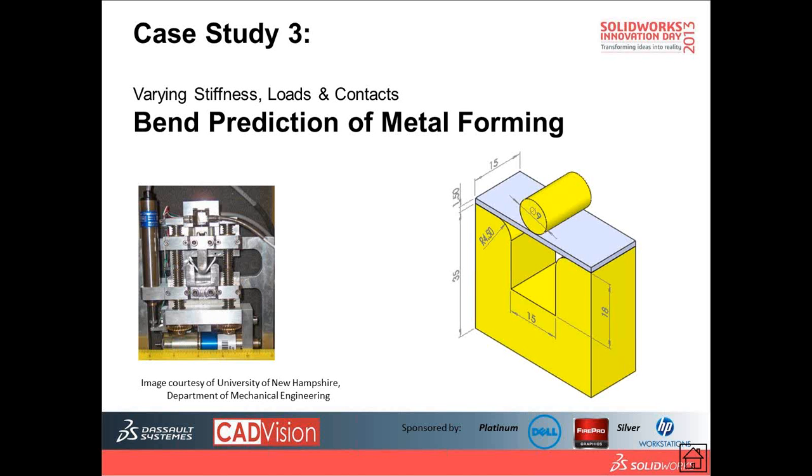So as we can see, if we bend like this, it is a permanent deformation. Okay, so this is varying stiffness, and the load is varying. Right, we come down, come up, and there is contact, right? Varying contacts.